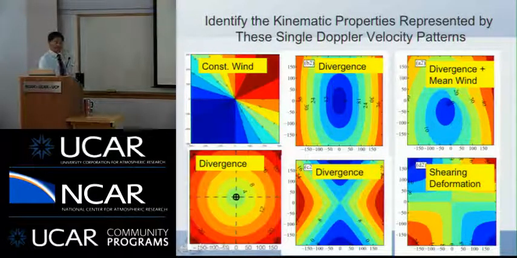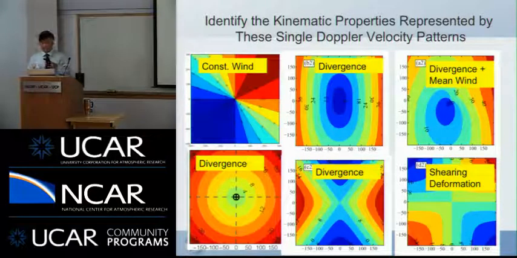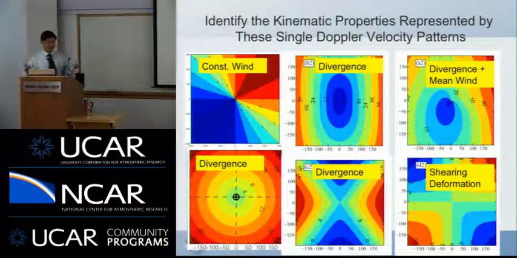So my point is, by knowing the linear wind field and constructing the Doppler velocity, you know the pattern. But the question is, how do we go the other way around, looking at the Doppler velocity pattern and trying to understand what the wind field surrounding the radar is?